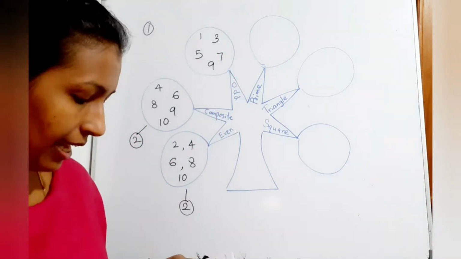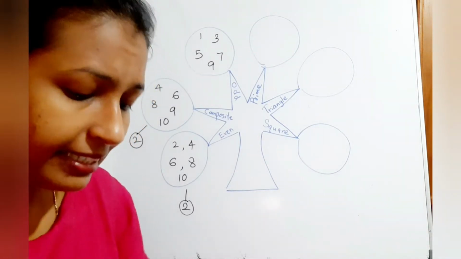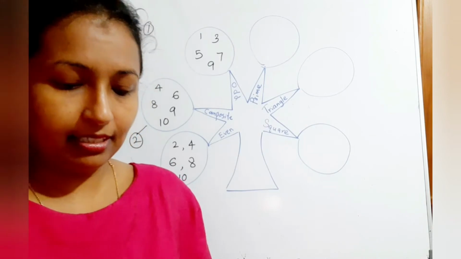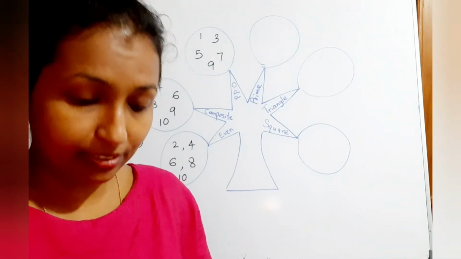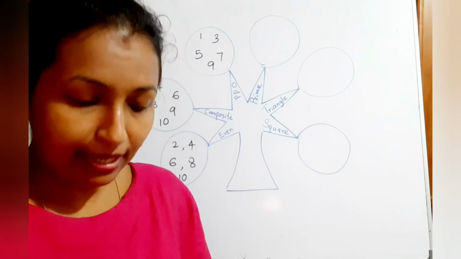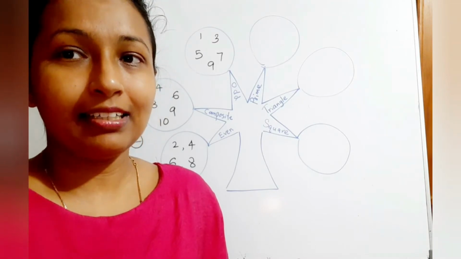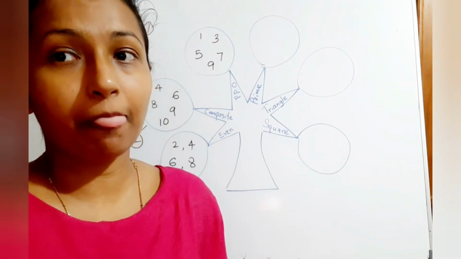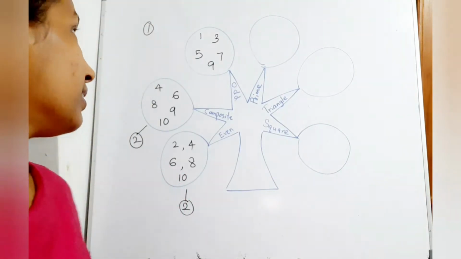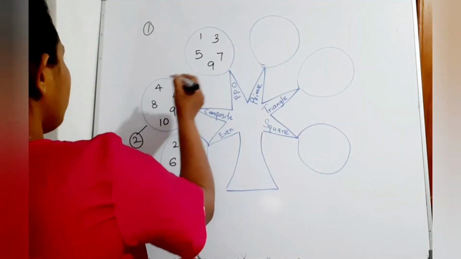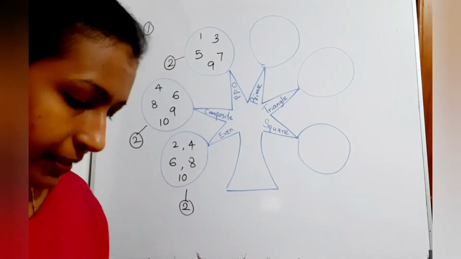In addition to that, you can write 11, 13, 15, 17, 19, 21, 23, 25, 27, 29. You can write 5 numbers out of the numbers which I have told. If you have written 5 of them, you will be given 2 marks for that part.